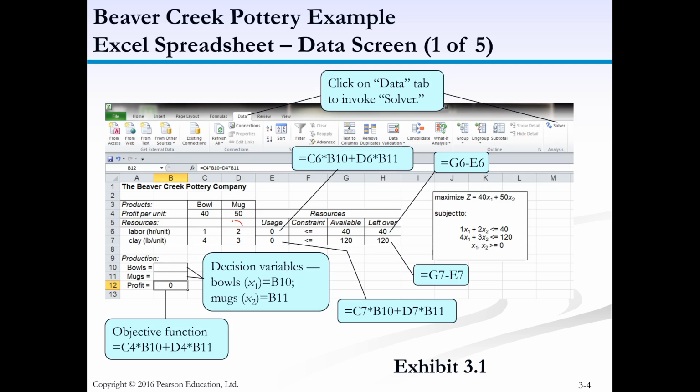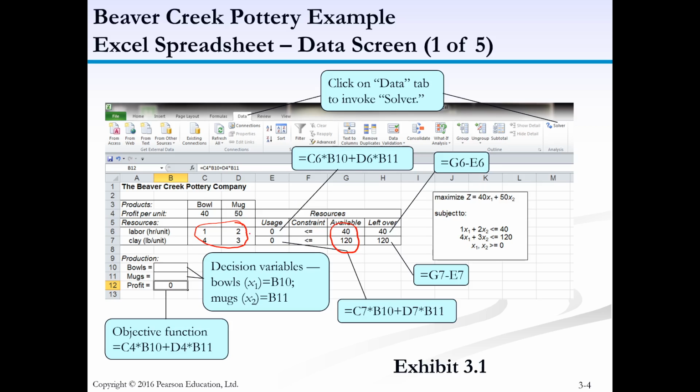And these were the technological coefficients in these constraints, which means that 1 hour is needed to make one bowl and 2 hours of labor is needed to make one mug. Similarly, 4 pounds of clay is needed to make one bowl, and 3 pounds of clay is needed to make one mug. And the total resources available to us are 40 and 120.